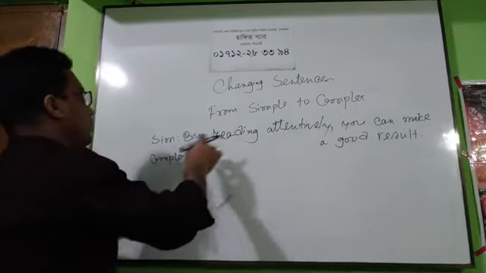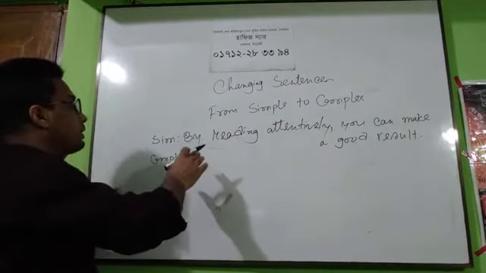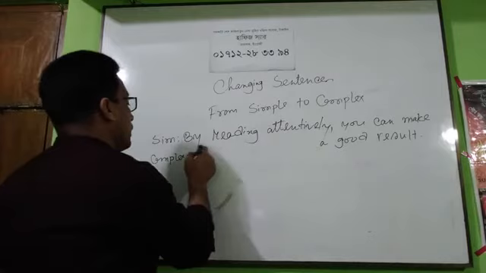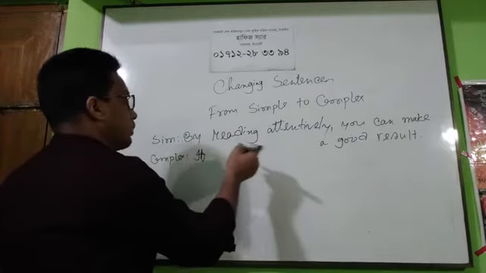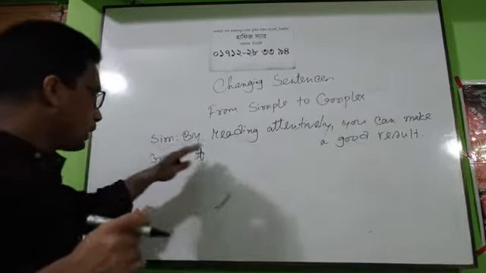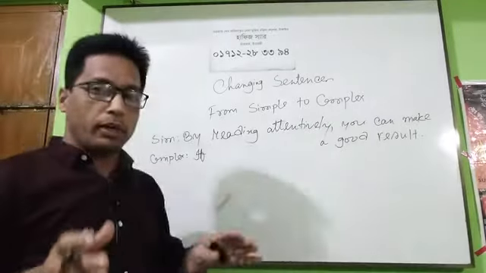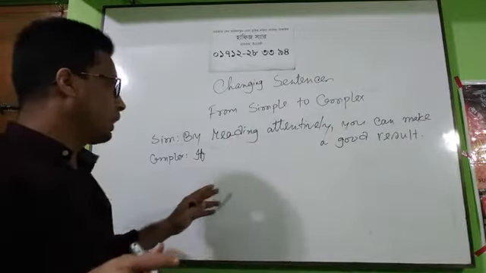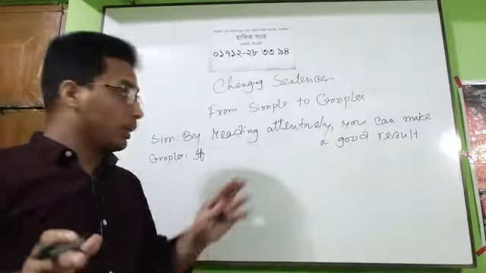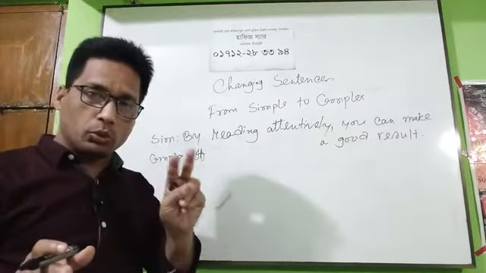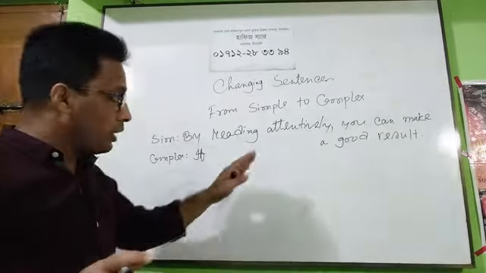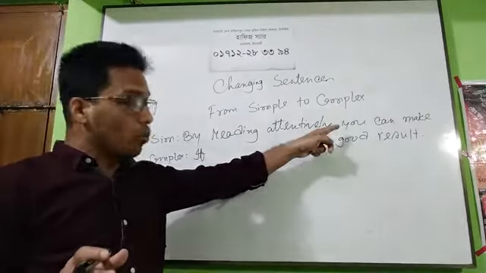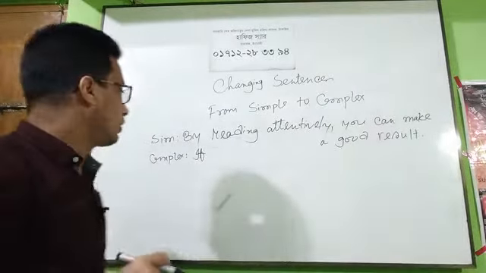If you make it a complex sentence, then it will become if and then subject. Remember, simple has only one subject, but whenever you try to make it a complex sentence, you have to use two subjects. If necessary, you will use the one subject twice.